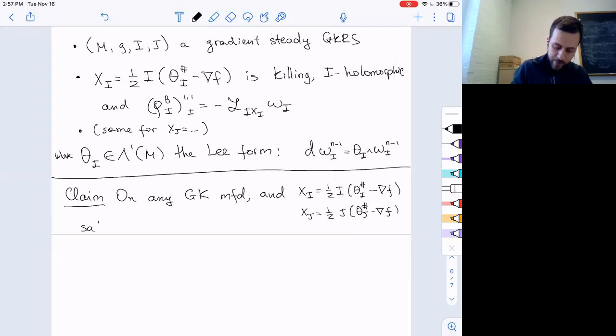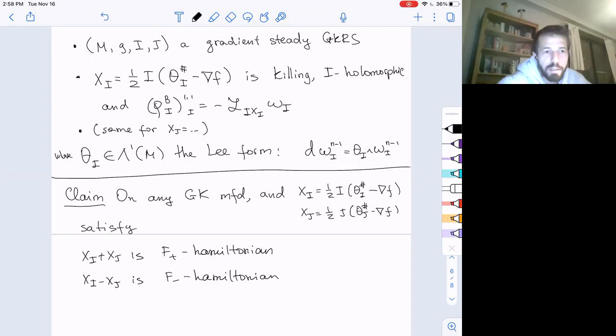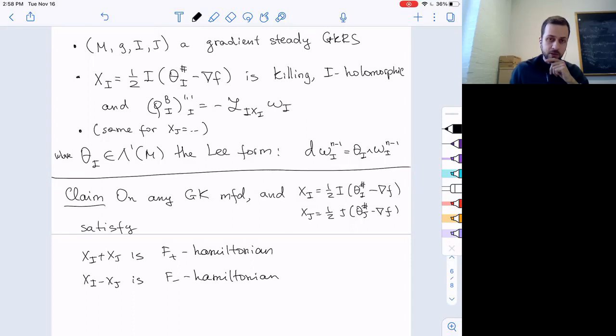But these vector fields nevertheless satisfy some structure, and specifically, it is true that X_I plus X_J is Hamiltonian with respect to the symplectic structure F plus, and the difference of these two vector fields is Hamiltonian with respect to F minus. Does this claim hold for any function or for some specific one? Yeah, any function.